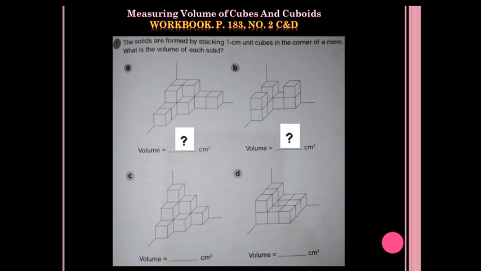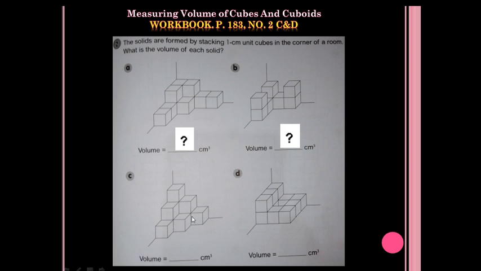Now I'm going to discuss part C. Here, I want to discuss with you. Let's count it together. 1, 2, 3. The cubes that we can see first: 1, 2, 3, 4, 5, 6. But there are some cubes that we cannot see from this picture. Under this cube there is one cube.